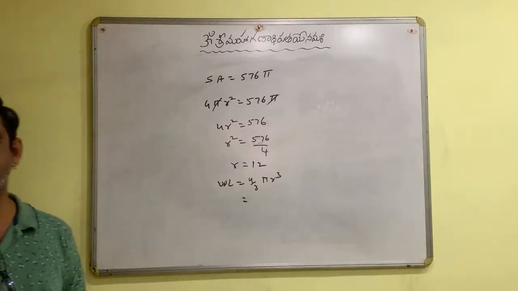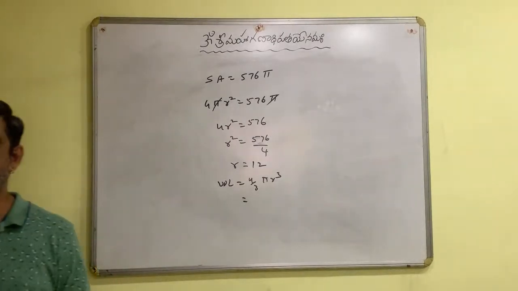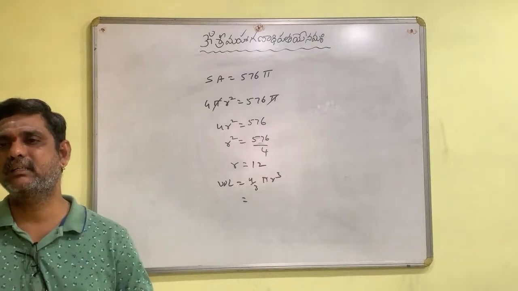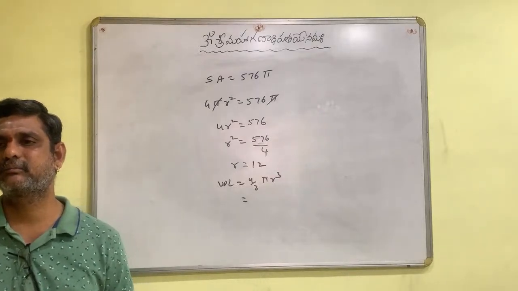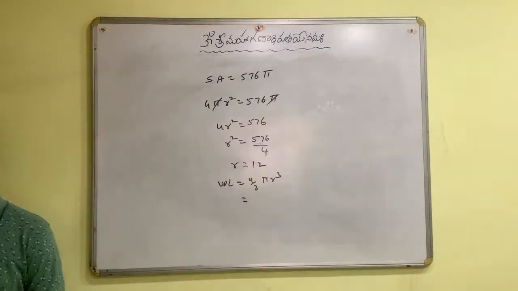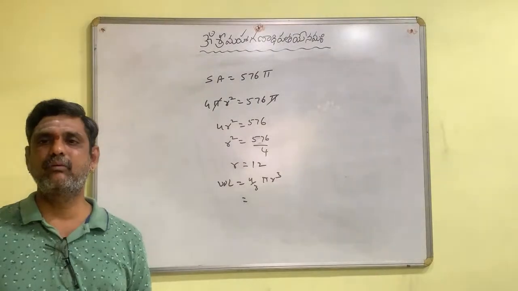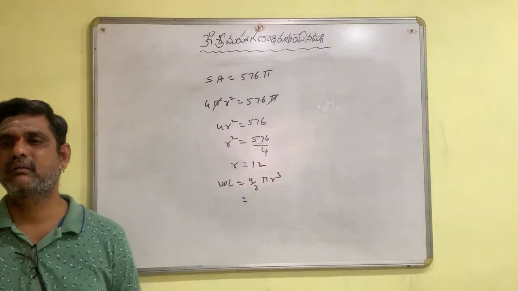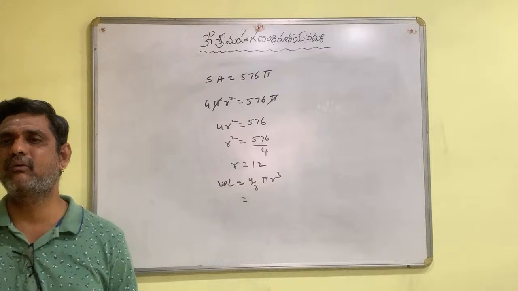50688 by 7. Is that right? Okay, 7241.14.